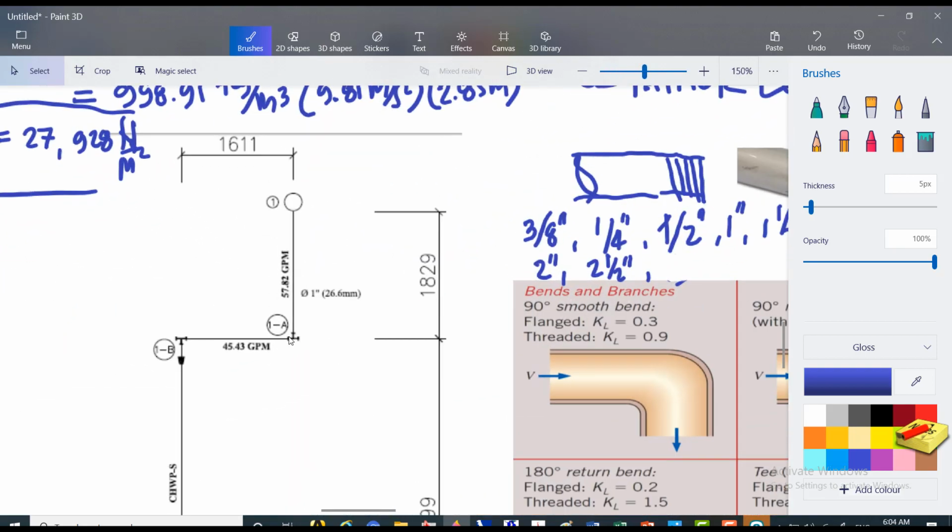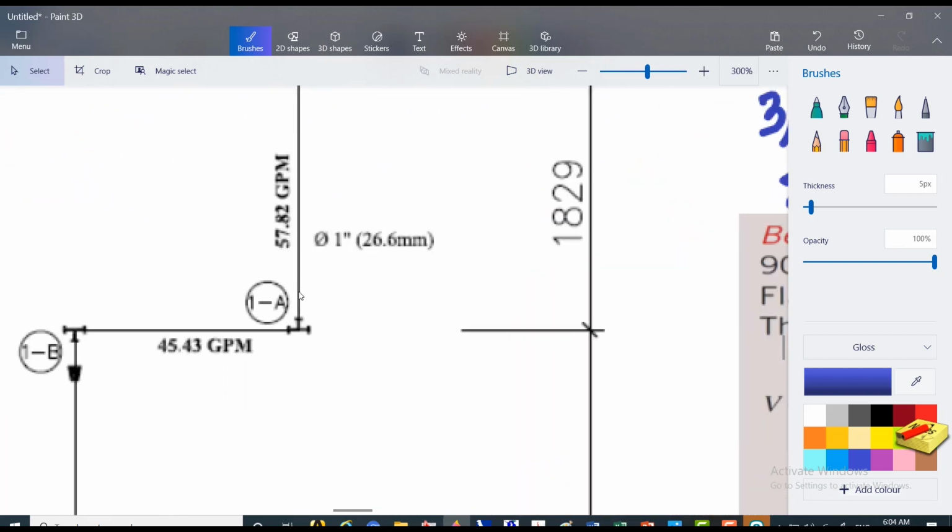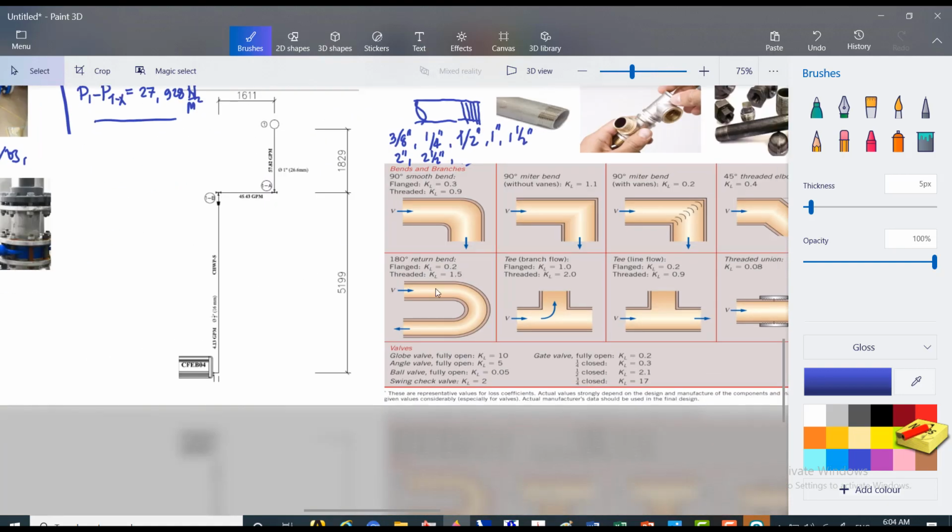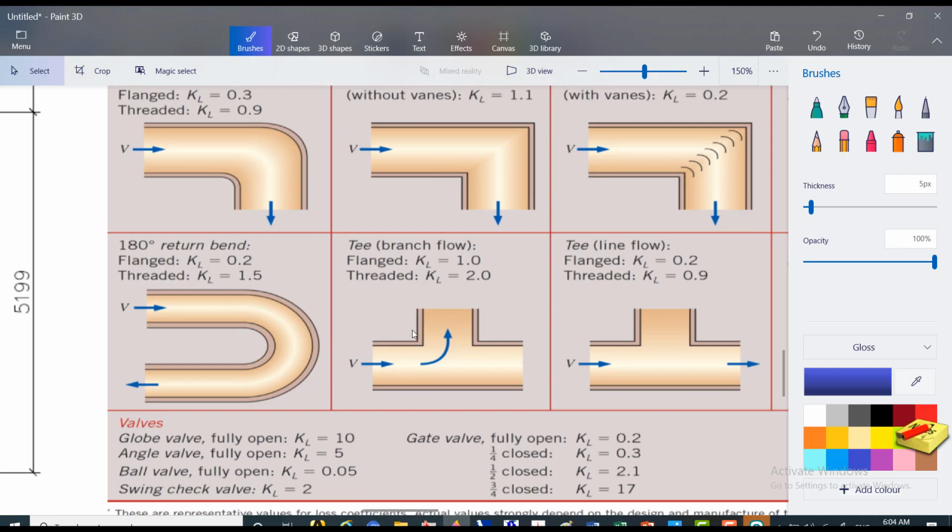So you're going to compare this one. So parang tayo is from branches, from here going here. So we are not diretso, not along. So we have here going to branches. So we'll be using threaded KL, which is 2.0.